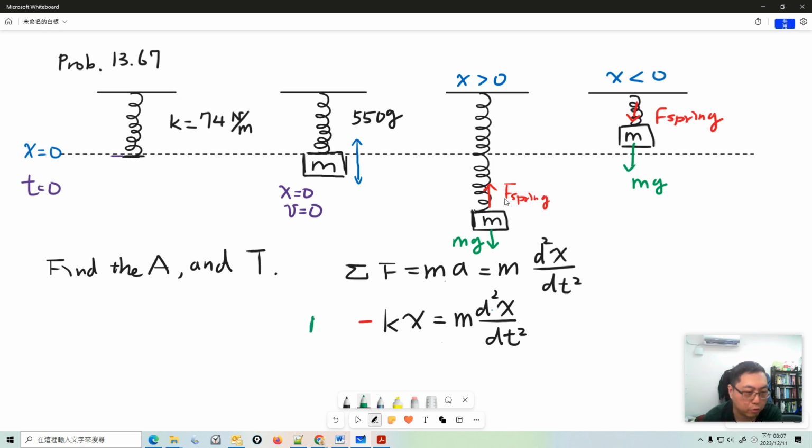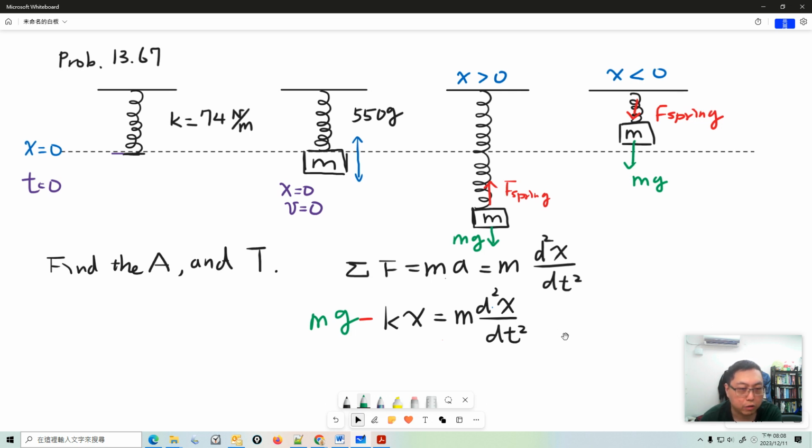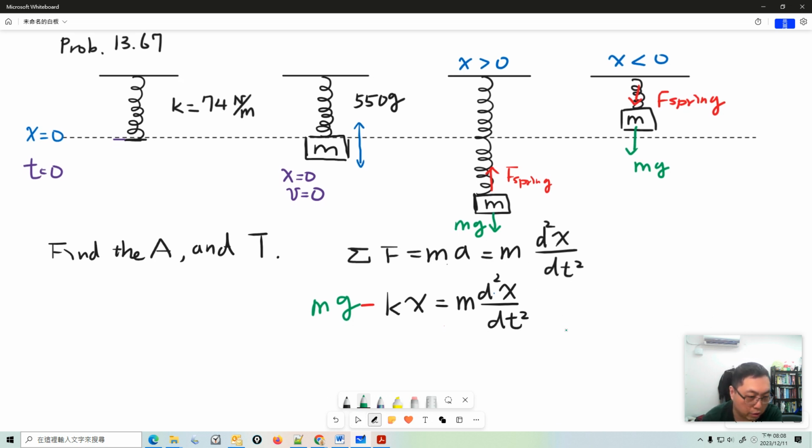So we have mg here, acting as a constant force applied on this simple harmonic oscillation system. This is our equation of motion for this system.